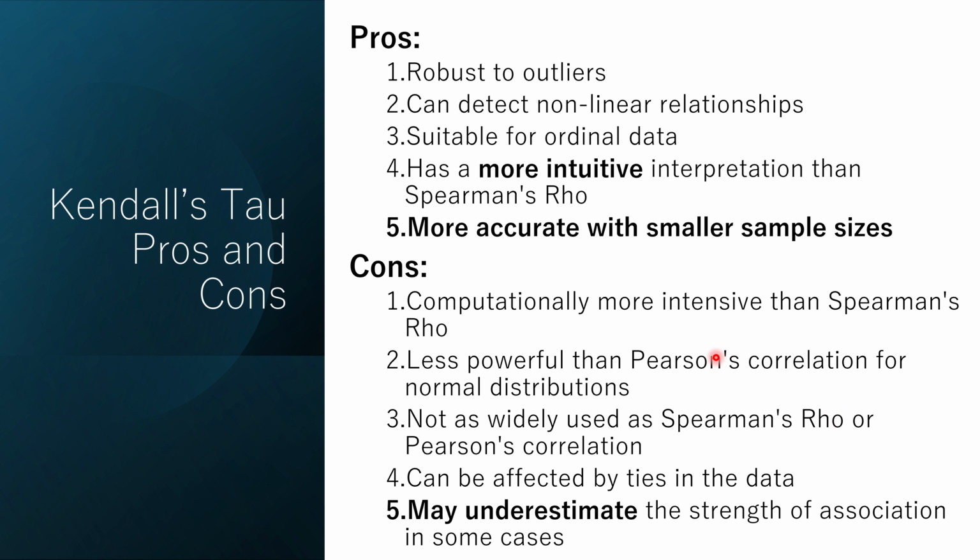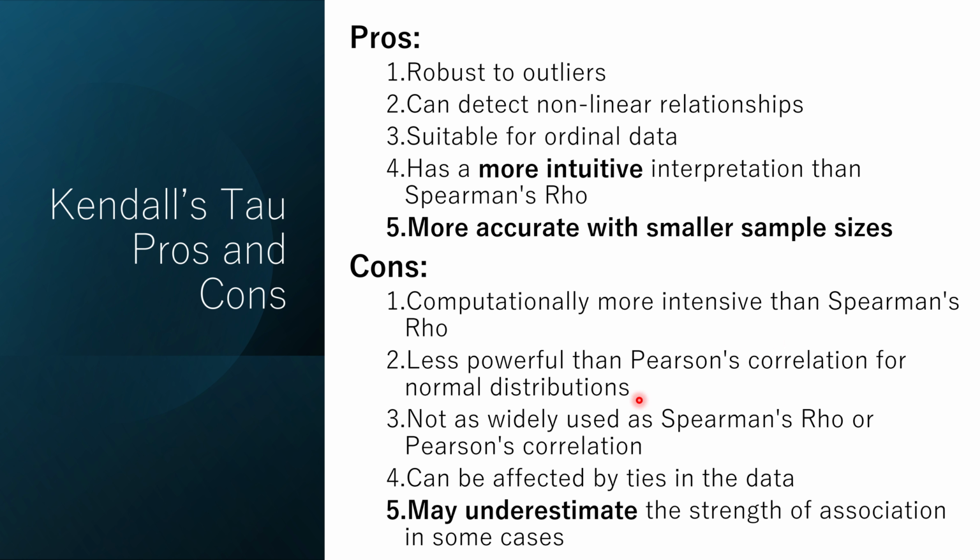But there are some cons. It is more computationally intensive than Spearman, and typically less powerful than Pearson under a normal linear relationship, and not as widely used as Spearman or Pearson. And ties can affect the estimate.